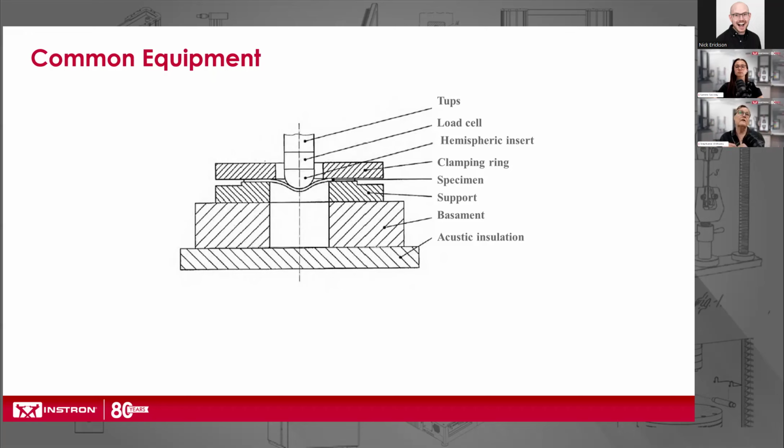Of course, the clamping set has to be supported on a rigid base so that we minimize any deflection due to the impact event, and we're not bringing that deflection movement of the fixtures into the test event itself.